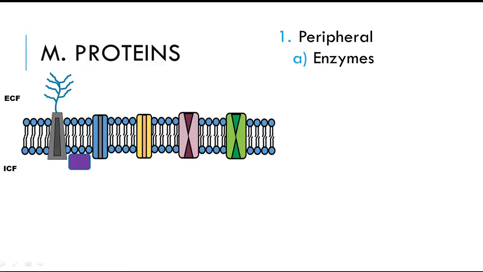It may break down, or it may synthesize. If you were to keep it generic, you would say they're a catalyst. They speed up reactions, whether they be breaking down, or catabolic, or creating anabolic type reactions. So they're just there for chemical reactions. In this case, that would be happening at the membrane. That's just one example of what a peripheral membrane protein may be doing.